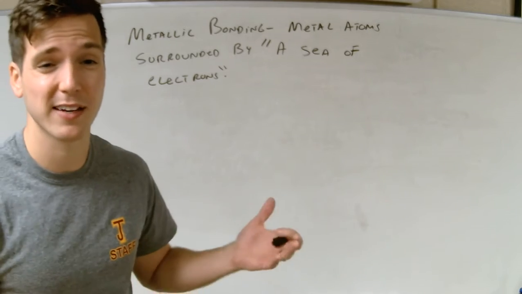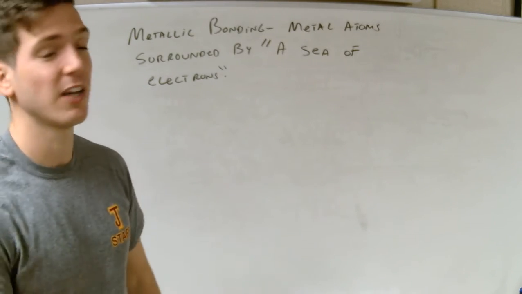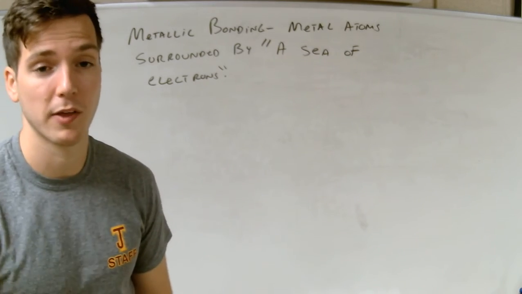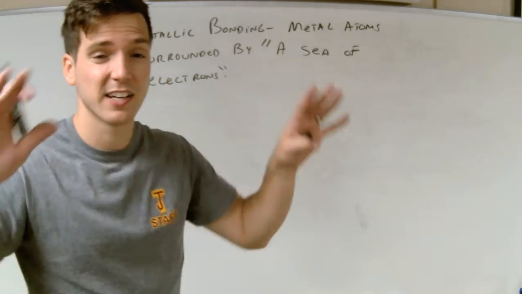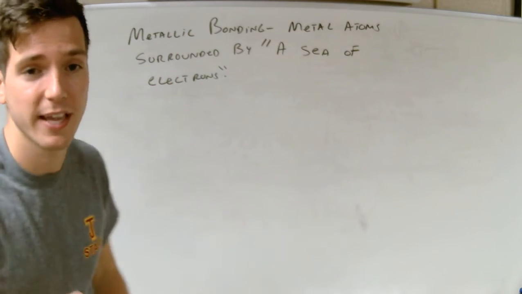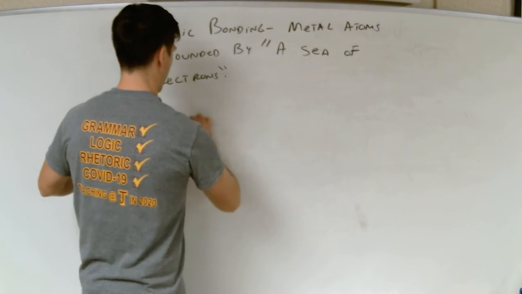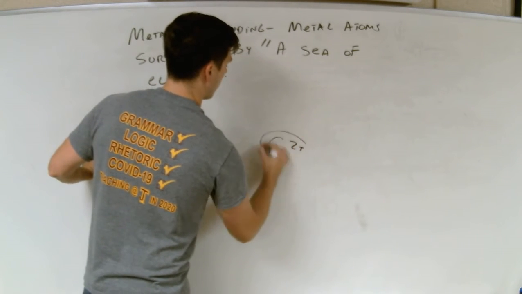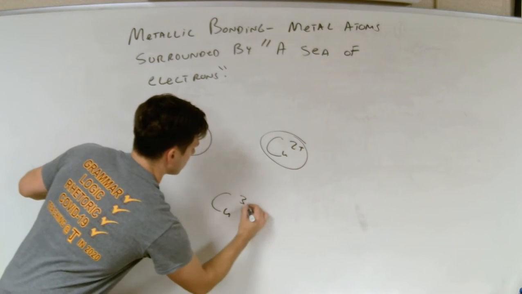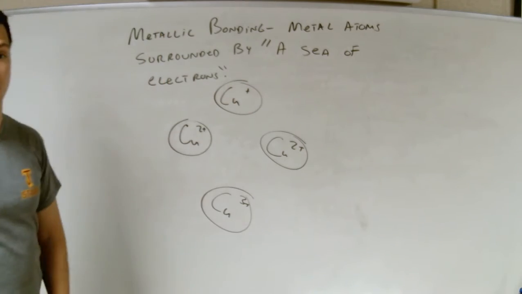You've got these metal atoms that have positive charges, so they should repel away from one another. But the only thing that keeps them from repelling away from one another is these kind of cattle dog electrons that are keeping all these metal atoms together. So here's a picture. I'm going to have all this copper. I'll throw a copper 3+ in there as well, and a copper 1+, just because they can have varying charges.